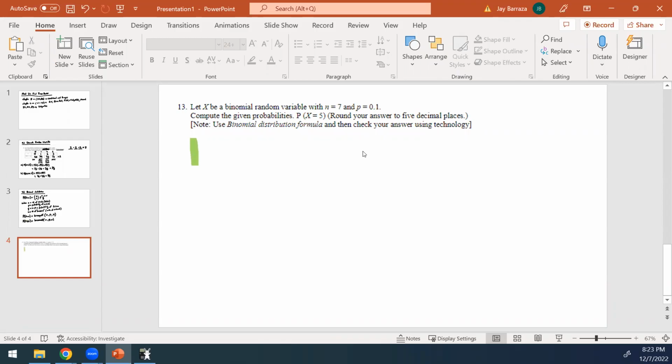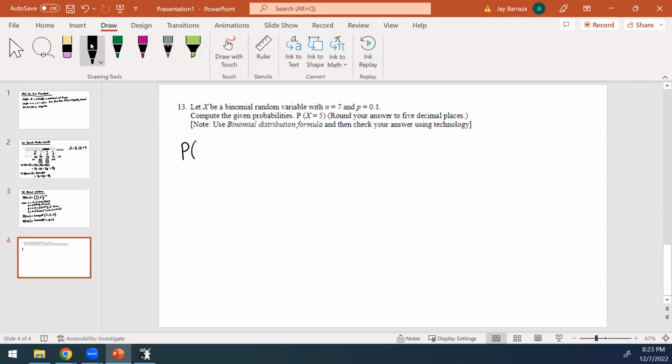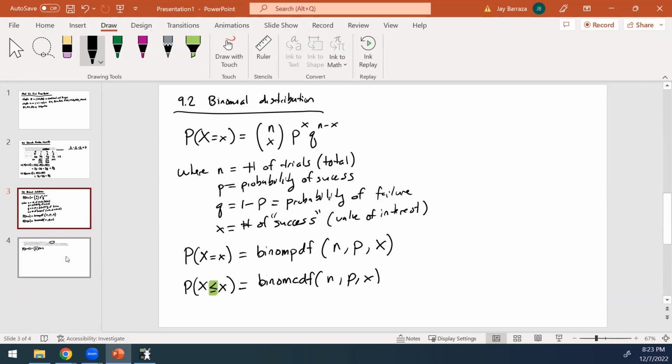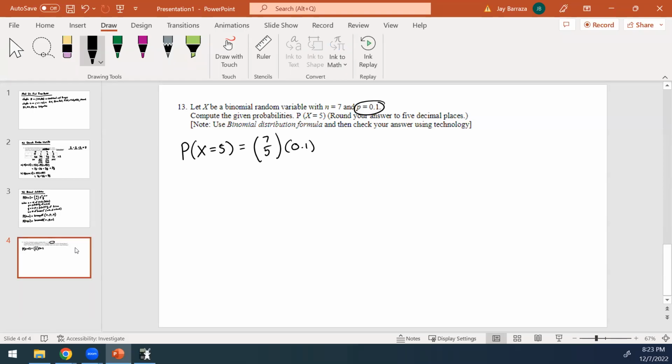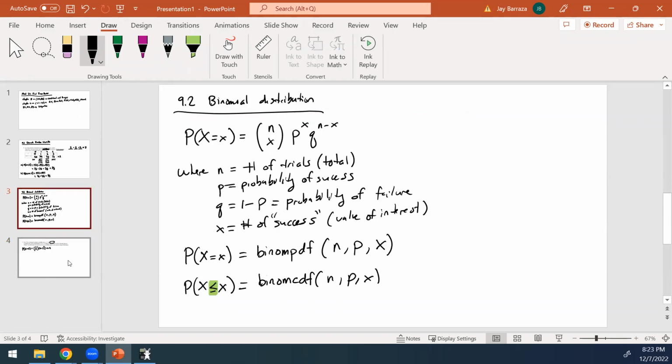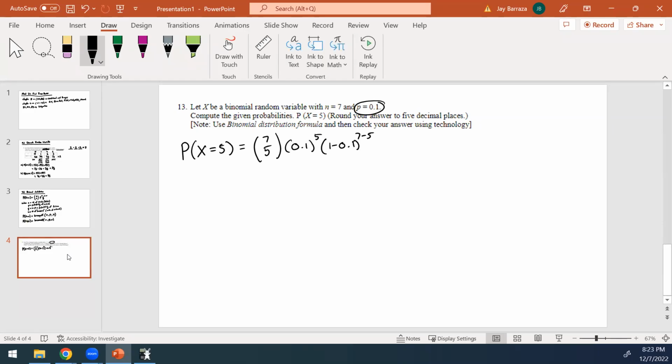So the probability that x is equal to 5. I'm going to write it using the formula. That's going to be 7 choose 5 times the probability of success, 0.10 raised to the x, so that would be 5, times q, which is 1 minus 0.1, raised to n minus x, so 7 minus 5.